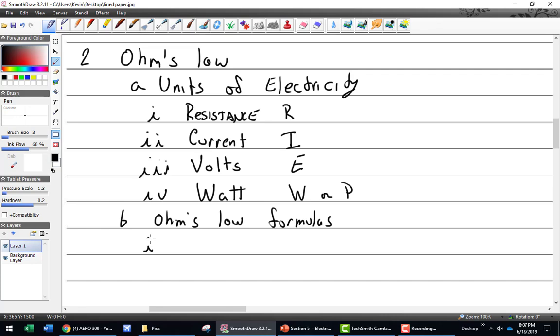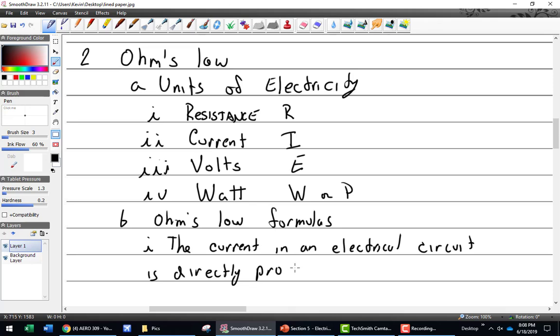Ohm's law is, and I quote, the current in an electrical circuit is directly proportional to the EMF. We should probably stop right there before we finish this sentence and talk about what that means.